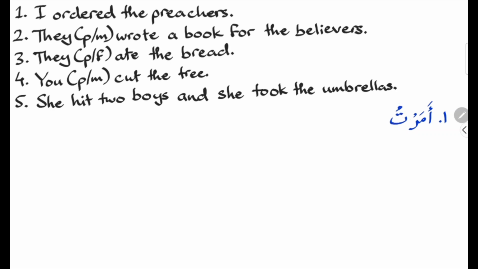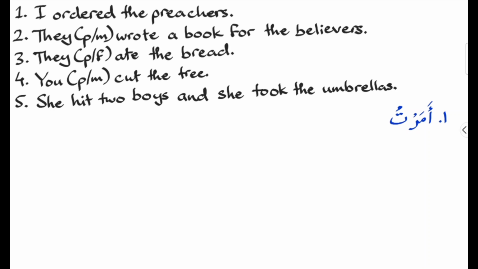The preachers. Preacher singular in Arabic is al-wa'idh, and the plural for that will either be al-wa'idhuna or al-wa'idhina. First we have to look at which halat it is coming in. For example, over here the preachers is actually a maf'ul. I ordered the preachers.